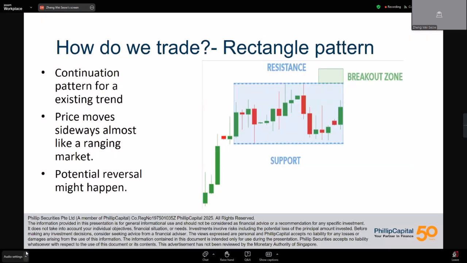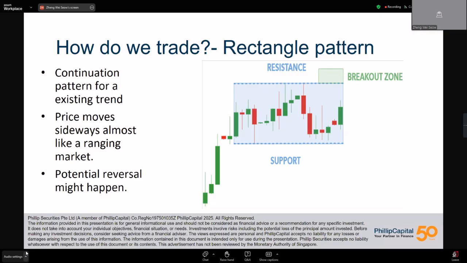And moving on, one of the next easiest patterns to recognize is a rectangle pattern, right? In my opinion, it is honestly a ranging market again, right? Still a consolidation. As we know, we went through sideways markets, right? But we can still use trend lines or even the parallel channel to highlight the sideways movement, right?